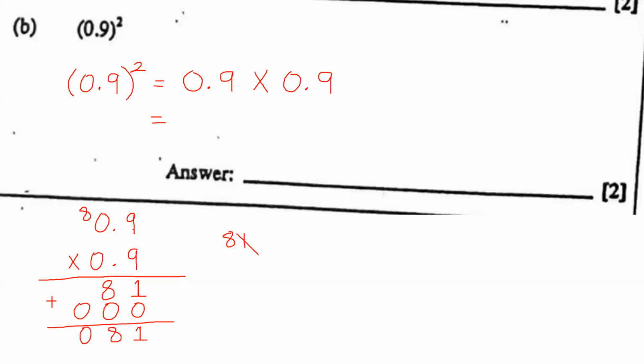Since we have two numbers behind the decimal points, we're going to move over twice. It's going to be 1, 2. That's where the decimal place is going to go. So the answer is 0.81.